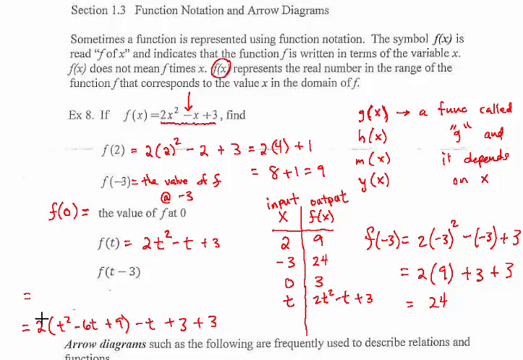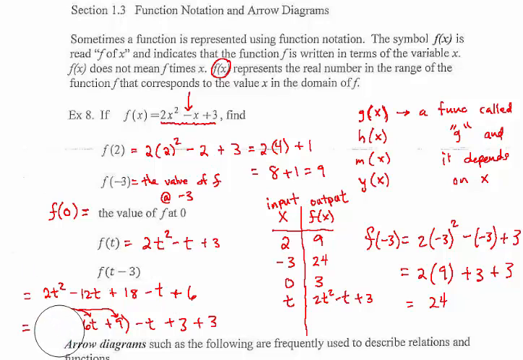then we would distribute this 2 now to get rid of the parentheses, and we would have 2t squared minus 12t plus 18, and then we just copy down all this other stuff that was outside the parentheses, minus t, and we could go ahead and add 3 and 3 and get 6.